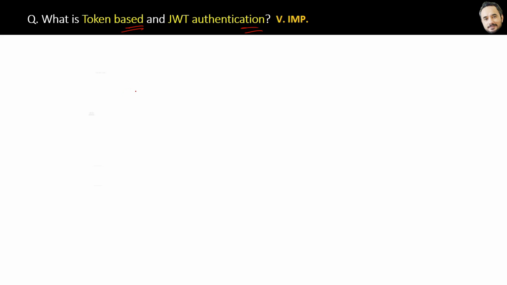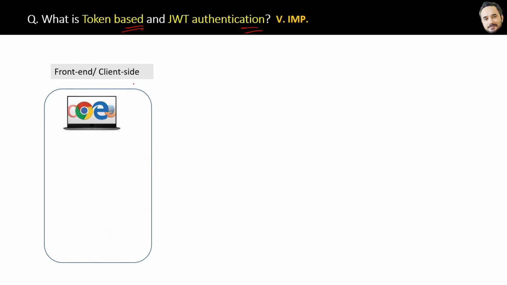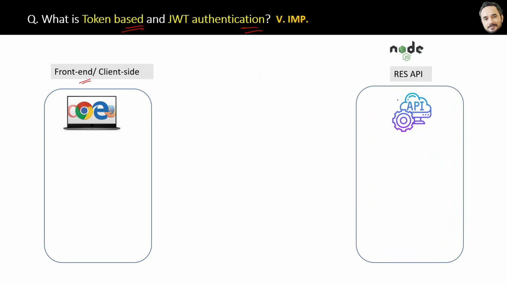And here first are the main players in the authentication process. First is our browser, which will act as the front end, you can think of it. And then we have the REST API in Node, which you can also call middleware, server side, back end. Okay, now there are 8 steps in this authentication process of JWT.